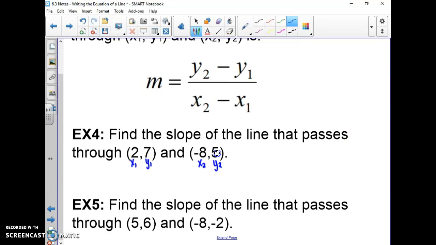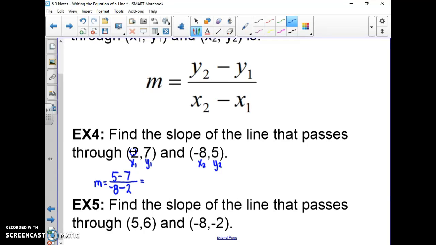We subtract our y's. y2 is 5, so m equals, for slope, and y1 is 7, so we'll have 5 minus 7. Our x2 is negative 8 and our x1 is 2.